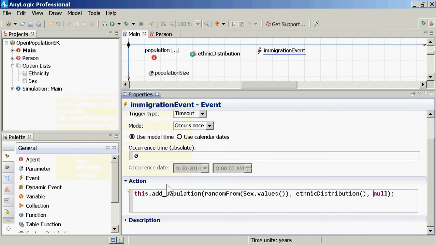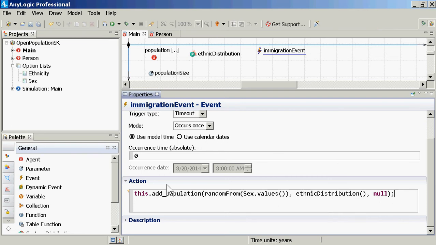So it's going to draw a random value from all possible sexes and use that for the first parameter for population. It's going to draw one from the ethnic distribution, use that for the second parameter here, for ethnicity, and then null here. Okay?